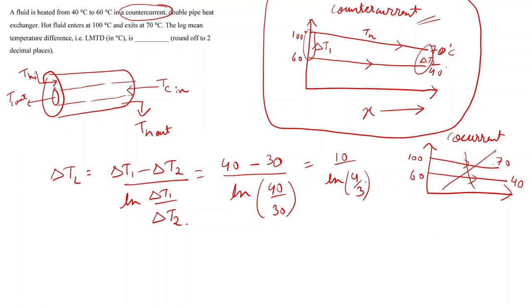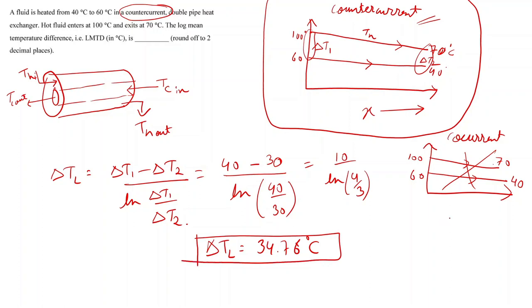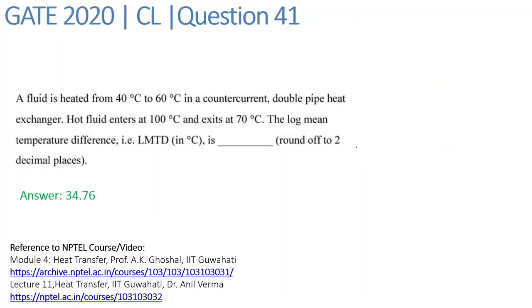So we can solve this and we will get delta TL as 34.76 degrees Celsius. So this is our log mean temperature difference based on counter current double pipe heat exchanger. This was a numerical answer type and we had to write the answer till 2 decimal places. So we will report the answer as 34.76.